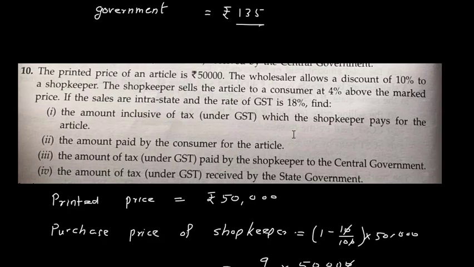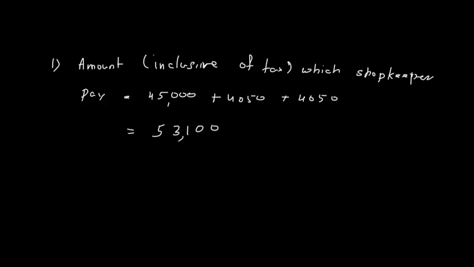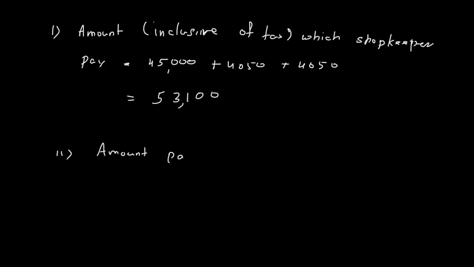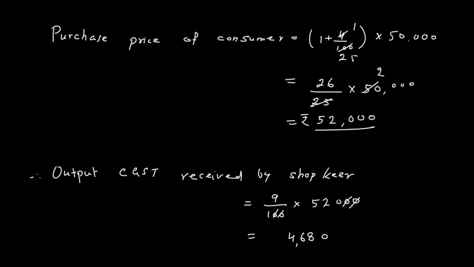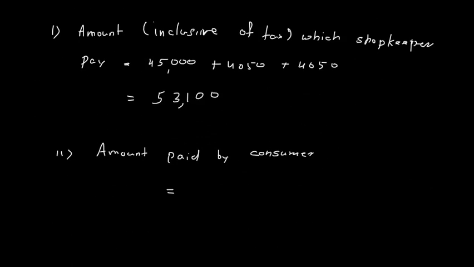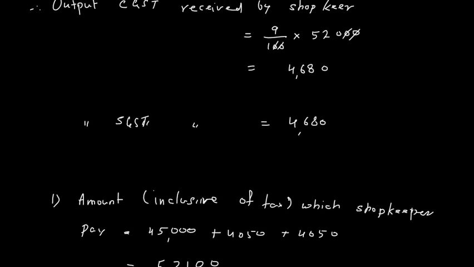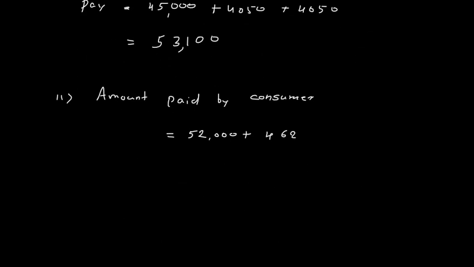So the amount paid by the consumer is 52,000 as the price, plus he paid a tax of 4,680 plus 4,680.